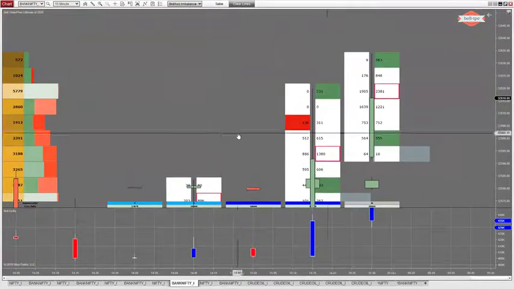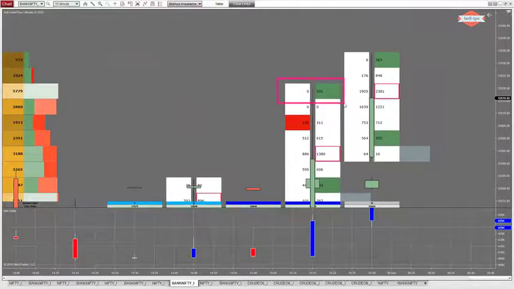Now, let me find an example. Yes, here it is. Now, we are looking at this box. I have 0 on the left side and 531 on the right side. I want you to tell me how many limit sell orders or lots were traded at this price. 531. Great.